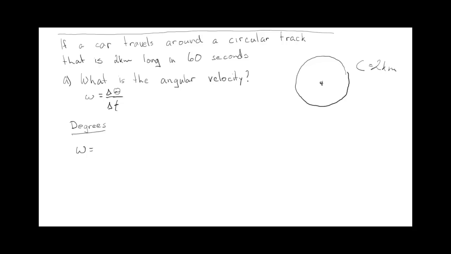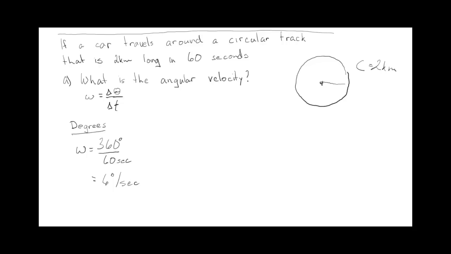How many degrees changed as it went around the track one time? The answer is 360. So it went around the track 360 degrees in 60 seconds, or 1 minute. Simplifying, the angular velocity would be 6 degrees per second. So it changes 6 degrees every second.